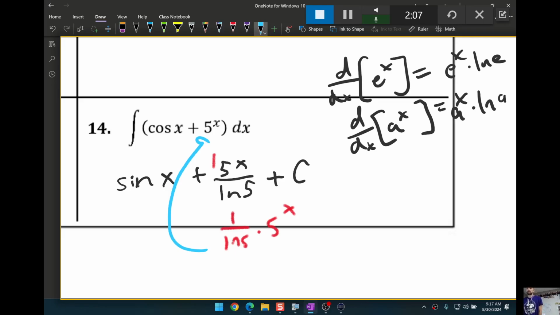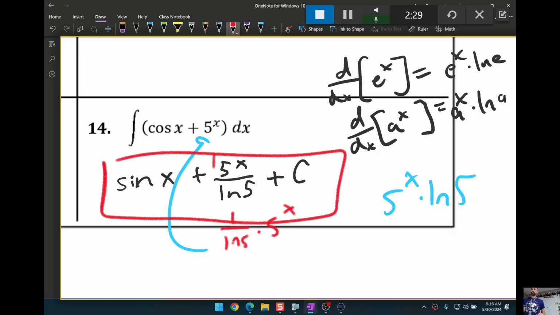The derivative of a number times 5 to the x would be 5 to the x times the natural log of 5. I want the 5 to the x. There's no natural log of 5 there, so I need to cancel it out. So dividing by natural log of 5, or multiplying by 1 over natural log of 5, is how you do that. So that looks fine to me. The derivative of this would give me that.